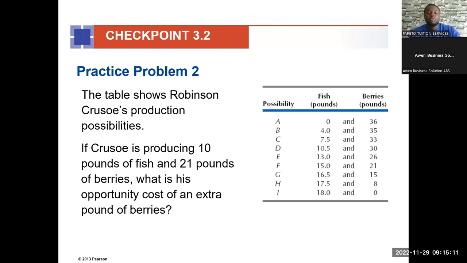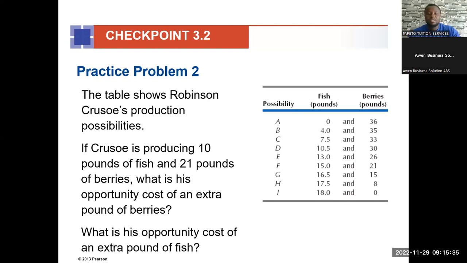But then when we have a free lunch, there's no opportunity cost. You don't lose anything. We have opportunity cost when we lose something. But I'm sure we remember for free lunches, we don't lose anything. We're able to increase the production of one without losing the production of the other. So we have to know where this particular point falls.